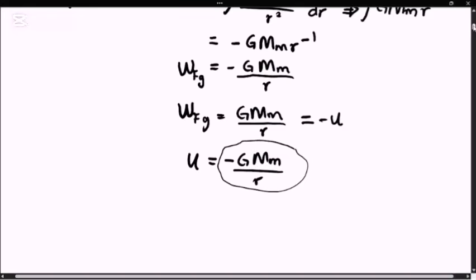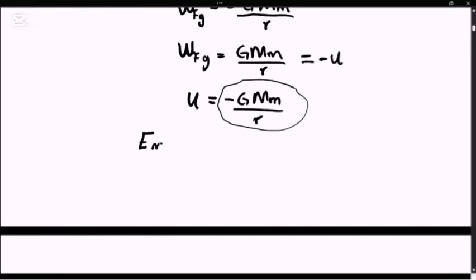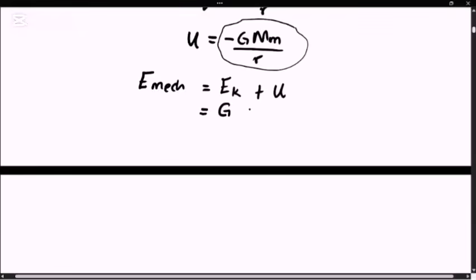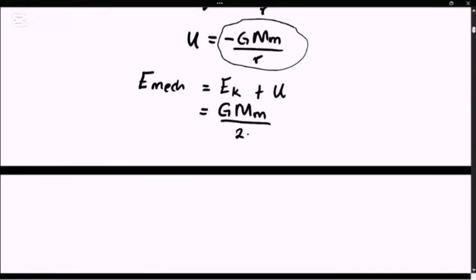With this information, we know that kinetic energy combined with potential energy gives you your mechanical energy. So you can substitute what you got as your kinetic energy, which is GMm over 2r, minus, since the value of your potential energy is negative, GMm over r.